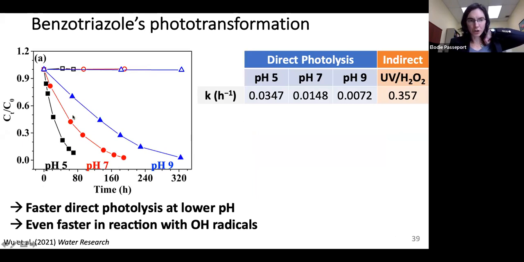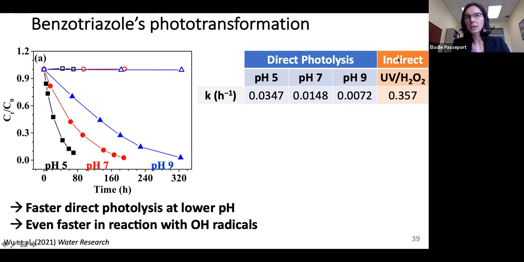So let me jump into the results. And so here we're showing the concentration as a function of time since the start of this irradiation experiment for the direct photolysis at pH 5, 7 in red, and 9 in blue. What you can see is that the photolysis was faster at lower pH and even faster in our reaction with hydroxyl radicals.